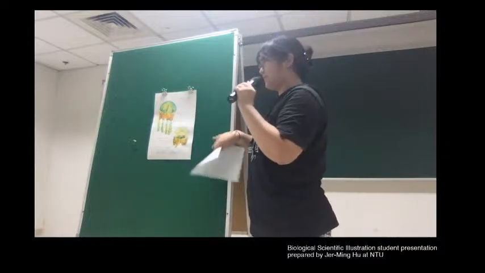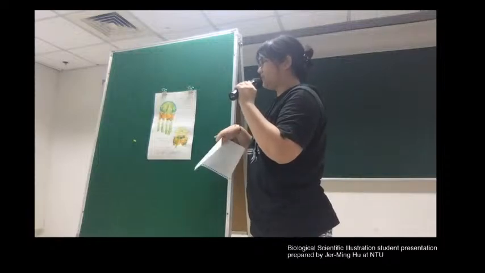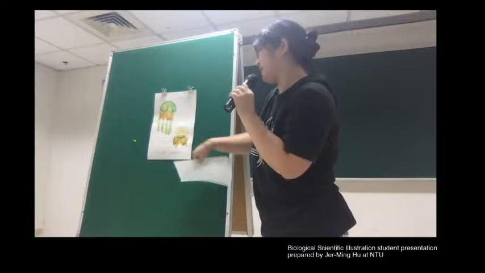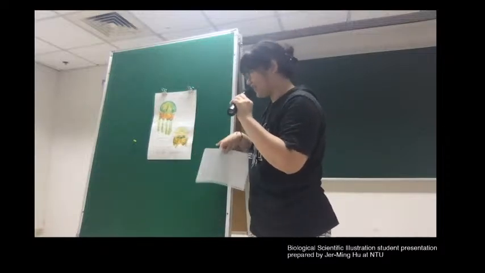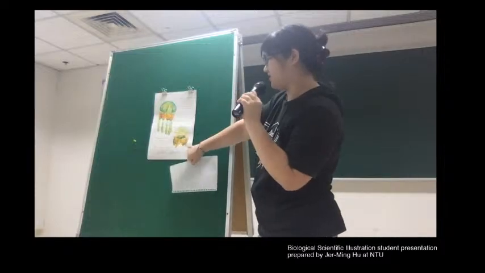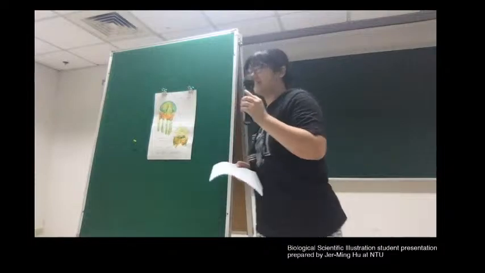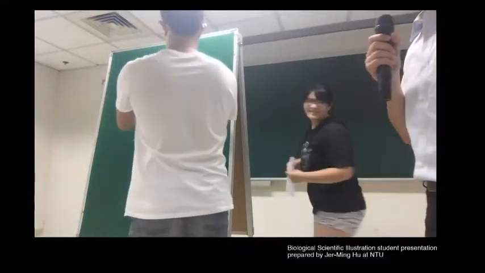It is a subspecies that we often see on the tours of the jellyfish lake. It has a shorter and smaller bell. It can only grow up to 15 centimeters in bell diameter, and it has shorter trailing cups. And that's all. Thank you.